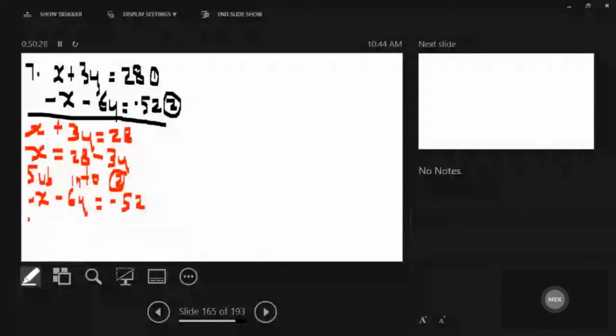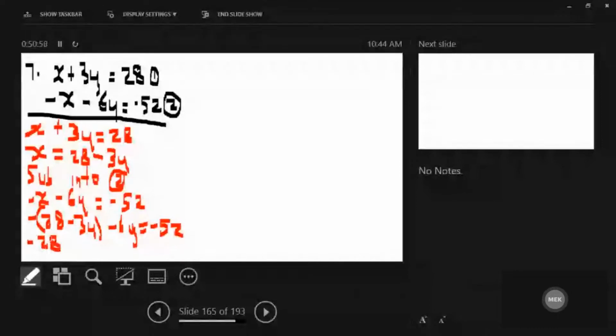Therefore, we're going to put a negative sign, bracket, and plug in this value, 28 minus 3y, minus 6y is equal to negative 52. So negative times 28, that's negative 28.